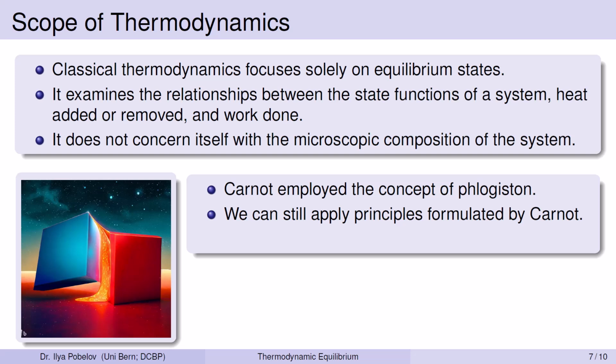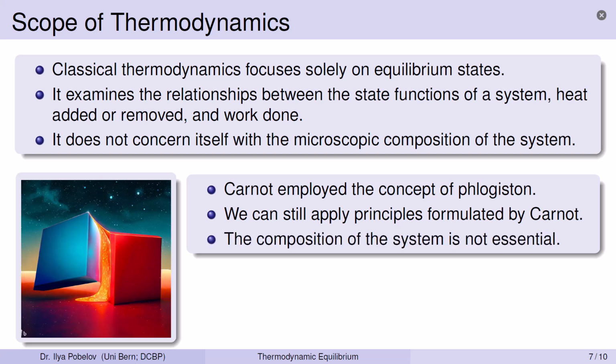Only much later, after the development of classical thermodynamics, did the focus shift to the microscopic composition of systems, leading to statistical thermodynamics and kinetic gas theory. This characteristic is a strength of thermodynamics. We don't need to know about the composition of the system.